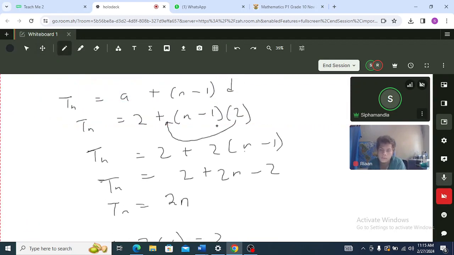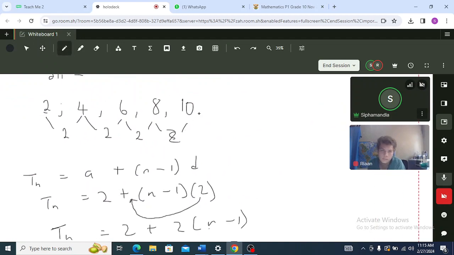Now there's also a trick that they love to use in an exam. For example, they can give you the last term, maybe 200, and then ask how many terms are in the sequence. Or they can ask what is the last term in the sequence.